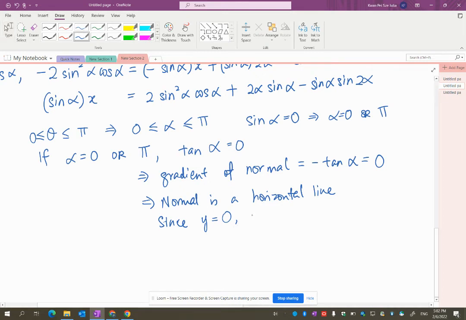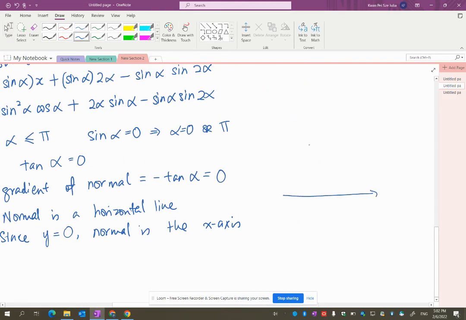This means the normal coincides with the x-axis. So you have this case where your normal is like that. If your normal is like that, then it doesn't make sense to talk about point A, because the normal doesn't cut the x-axis at a particular point.